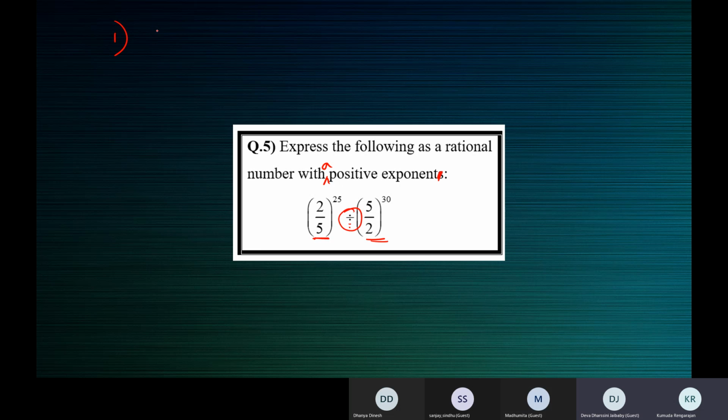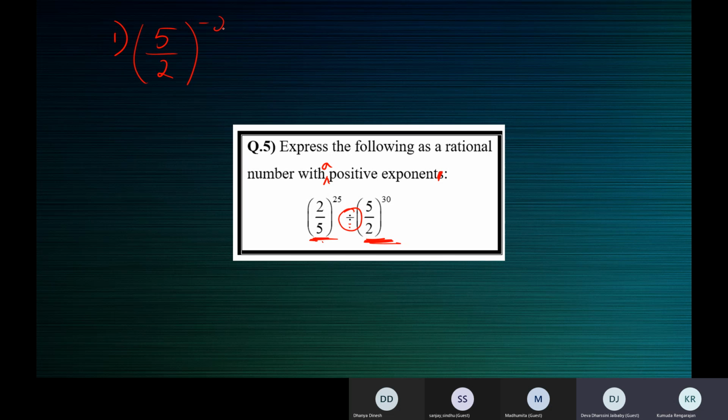Yeah, correct. So now why do we do that? We have an idea in our mind. We want the base to be 5 by 2. In the second expression, the base is 5 by 2. So we'll bring this also to 5 by 2 by writing the equivalent of this expression. The equivalent is: change the base, and also change the power.